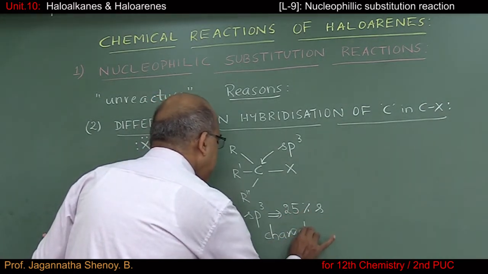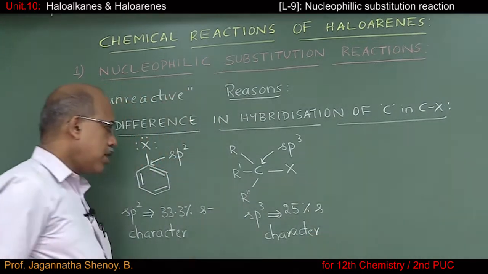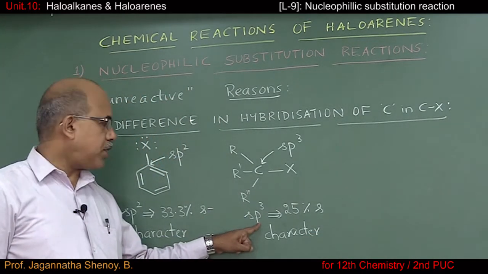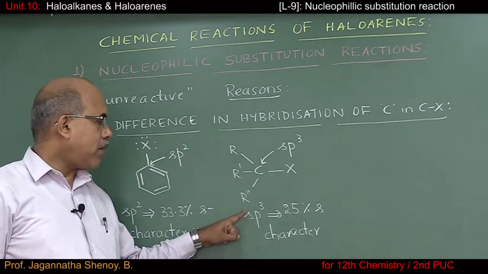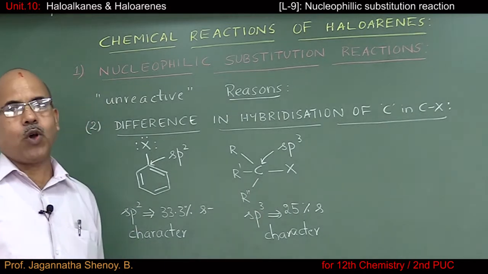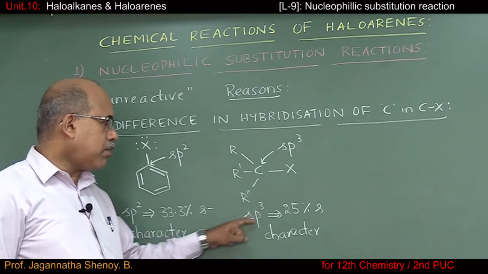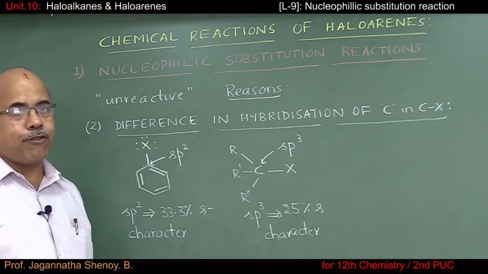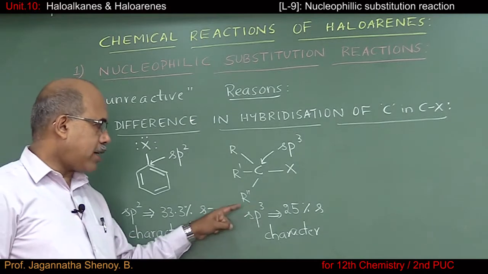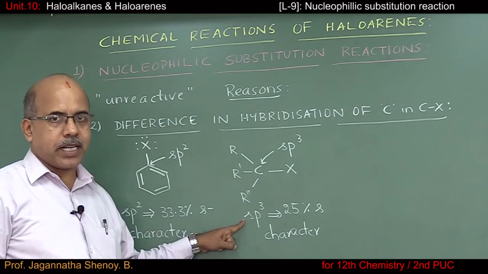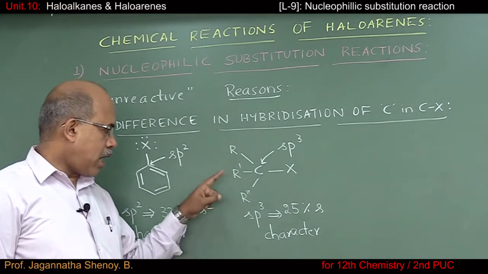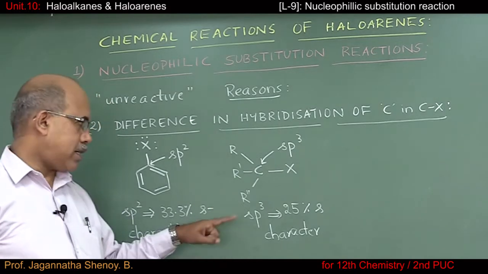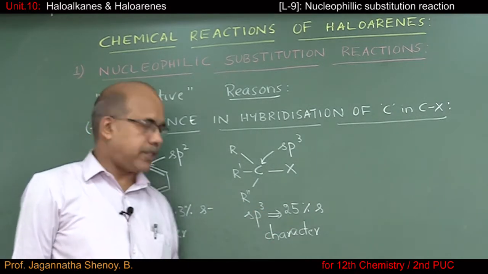What is meant by 25% s character? You know, in sp3 hybridization, 1 s orbital and 3 p orbitals are involved. So the total number of orbitals involved is 4. Out of that, 1 orbital is s orbital. That's why 1 out of 4 orbitals, it comes to 25%.